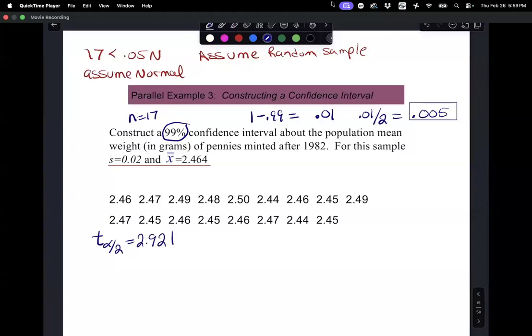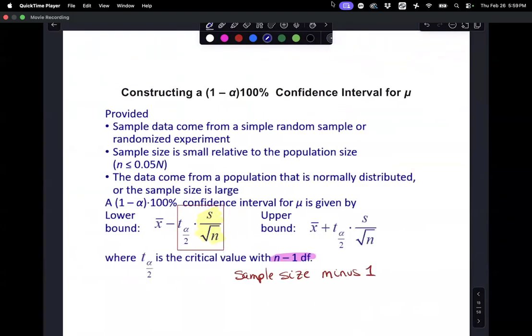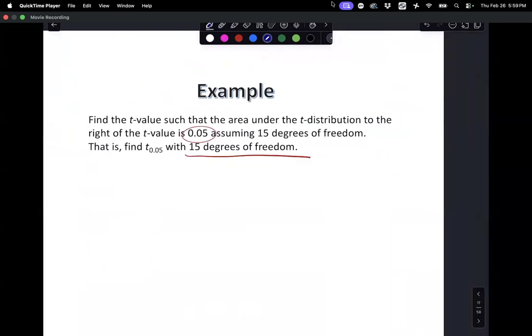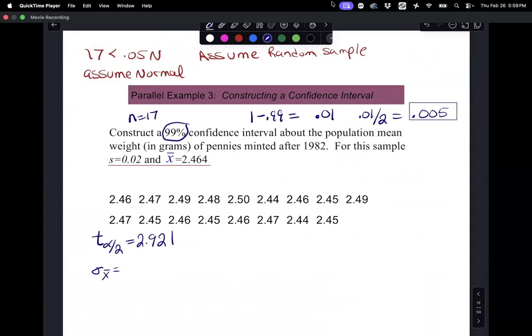Beautiful. Now I'm going to find the standard deviation. So we're using sigma sub x bar, which I think they write as s sub x bar. Okay, we're just going to continue calling it that. Our sample standard deviation is 0.02 and our sample size is 17. Do not subtract 1 from your sample size here, only when finding your critical value.